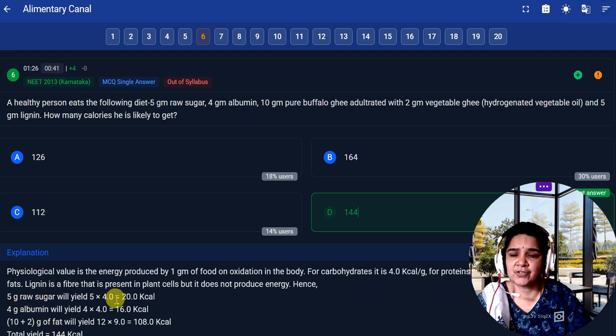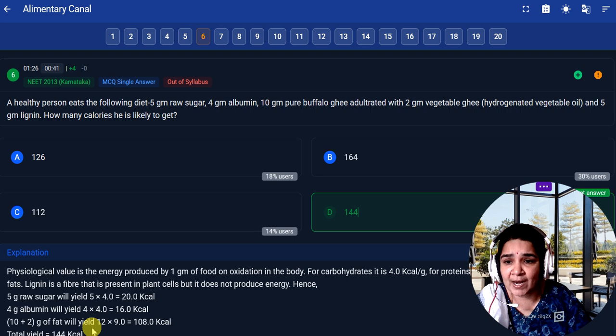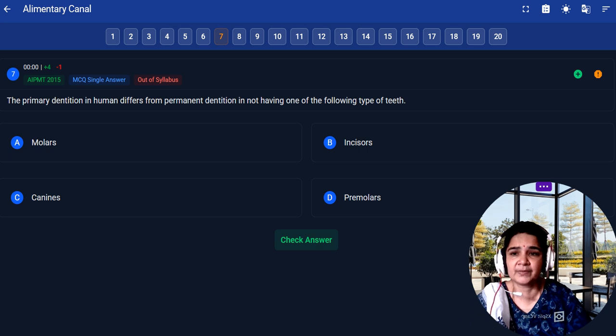See, 5 grams of sugar, 5 into 4 is 20. 4 grams of albumin, 4 into 4 is 16. Whereas total fat is 12. 12 into 9, because the oxidation of 1 gram of fat yields 9. So 12 grams of fat will yield 108. Total is 144.